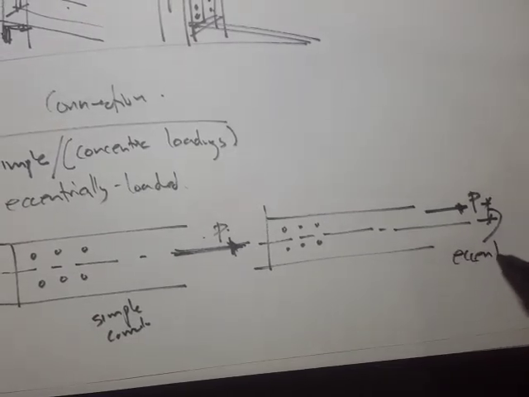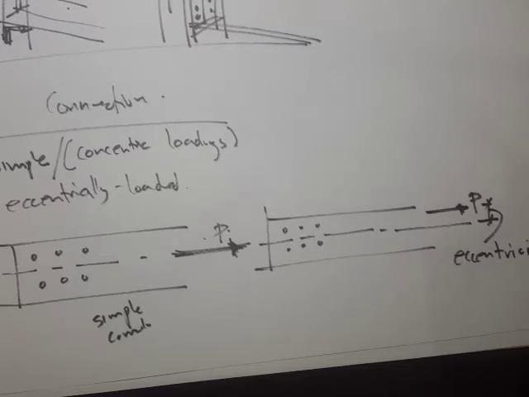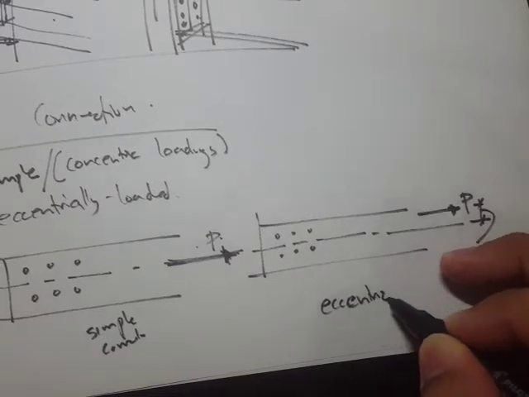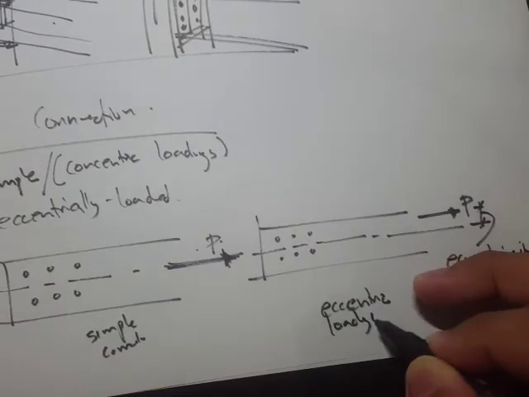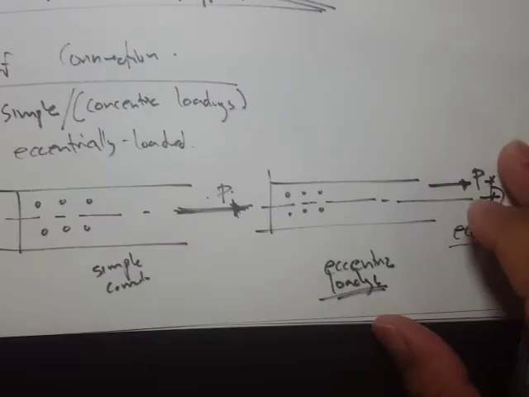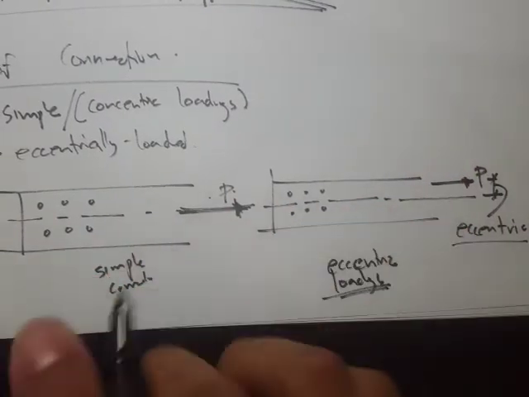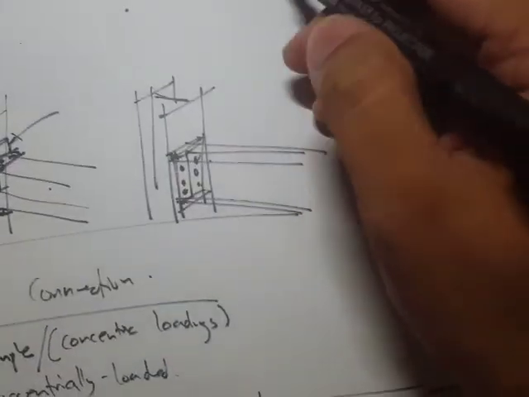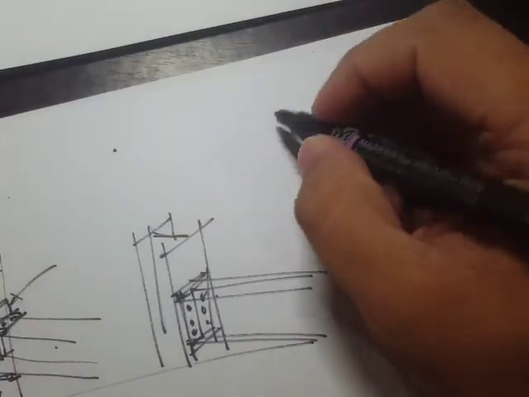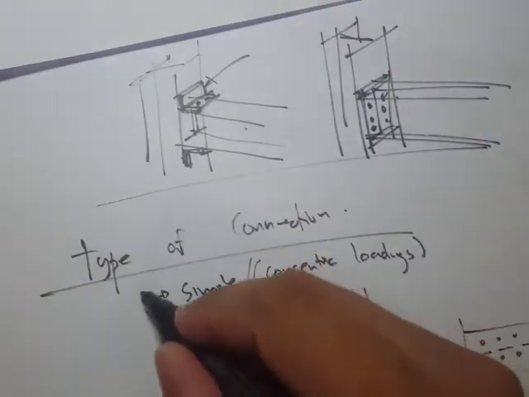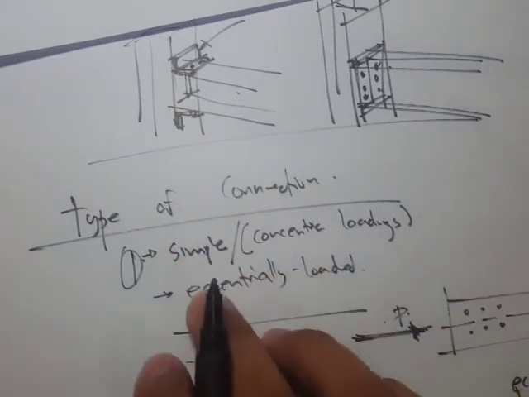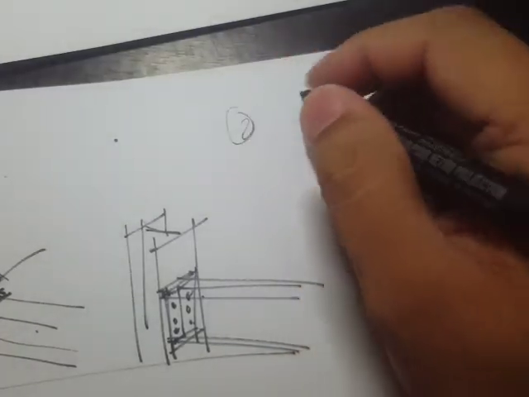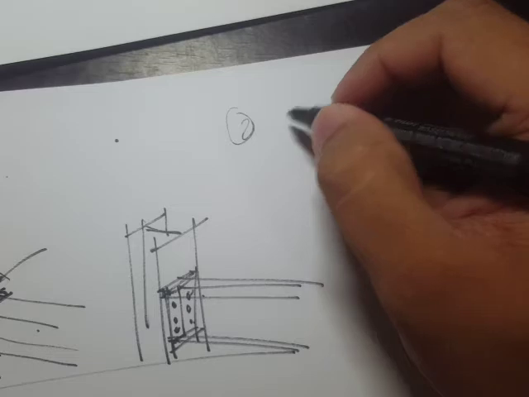Let's say this is the eccentricity, and this would be referred to as eccentric loading. For us here, we will only consider simple connections. Another type of connection: let's say this is number one, and this could be for bolts or welds. But number two, I think this is only for the bolts.